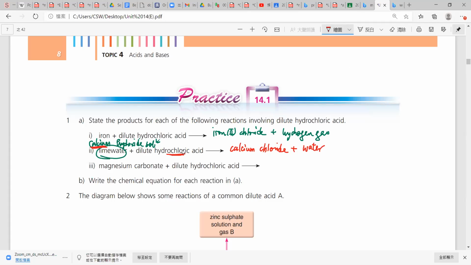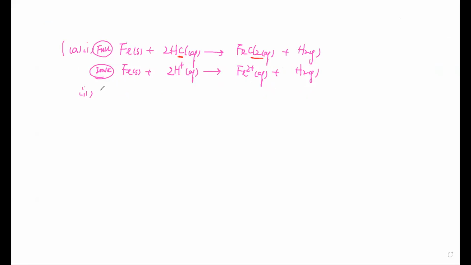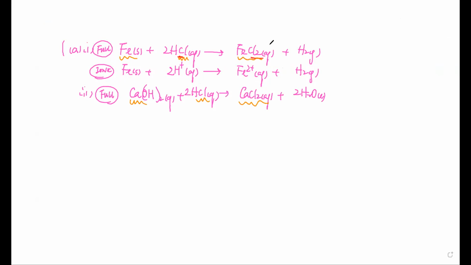So that's why, if you want to refer to the blackboard again, I write down the full equation. Calcium hydroxide and hydrochloric acid. You may find 2 here, and you may find calcium chloride and water, 2H2O. So what do they have in common on this part? Calcium chloride, just like this one, iron(II) chloride. Can you get the point?